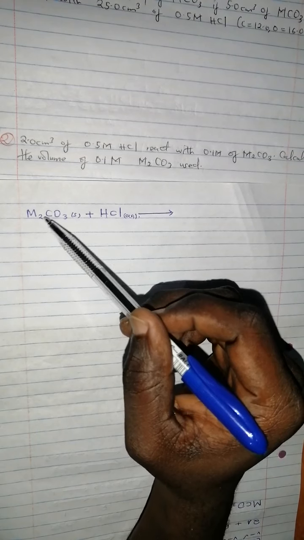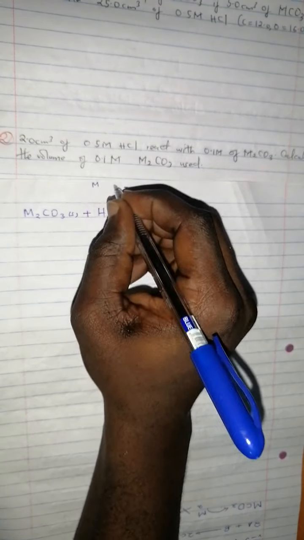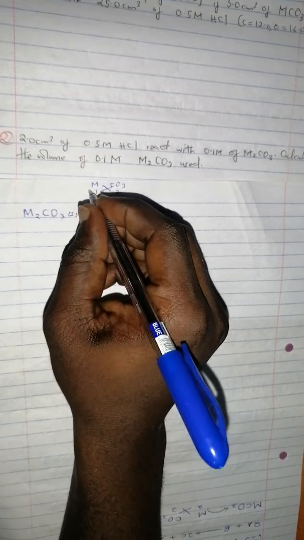It will form salt, water, and carbon oxide. Now, what is the valency of M? In this case, the valency of M is 1. That is why it crossed to have 2. If I were to write it initially, M and CO3, CO3 is 2, M is 1. And that is why when it crossed, it leads back to such a thing. And I hope now you understand how it came back to M2CO3.